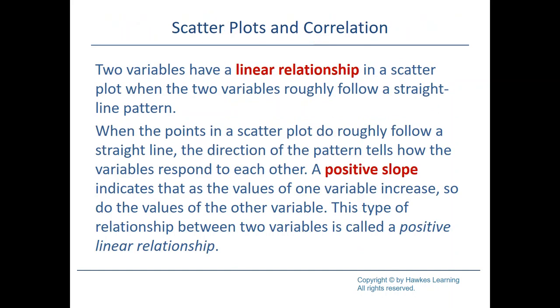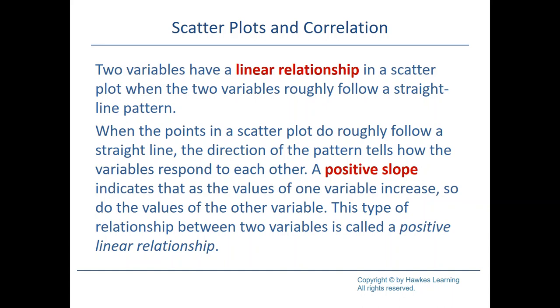A linear relationship requires two variables. Two variables have a linear relationship in a scatter plot if they follow roughly a straight line. It doesn't have to be perfect, but roughly they gather around a linear area. When the points in a scatter plot do roughly follow a straight line, the direction of the pattern can tell us whether something is positive or negative.